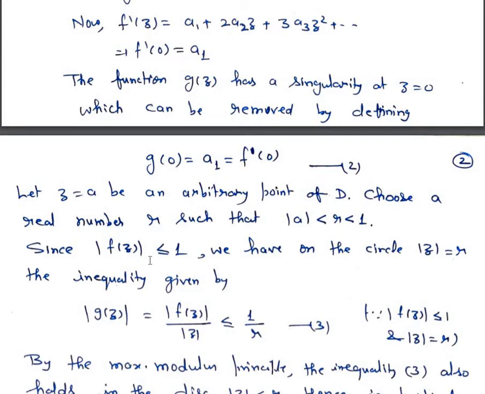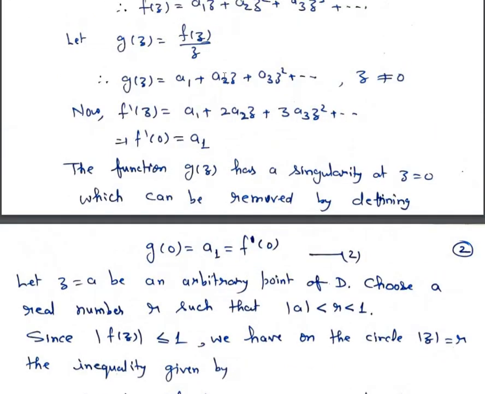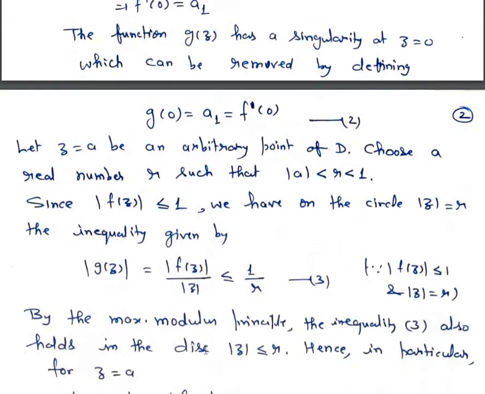Now because modulus of f(z) is less than or equal to 1, we have on the circle mod z is equal to r the inequality given by mod g(z). Now mod g(z) is mod of f(z) upon z, which can be written as mod of f(z) upon mod of z. Now mod of f(z) is less than or equal to 1 and modulus of z is equal to r.